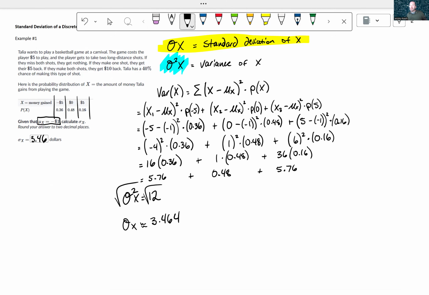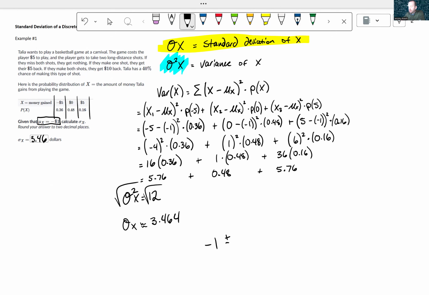Now let's talk about what this even means. So remember, expected value tells us the average gain or loss, and standard deviation tells us how much the results vary from that average. So most of our results are going to be around -$1 for our expected value, plus or minus one standard deviation, which is about 68% in a normal distribution.